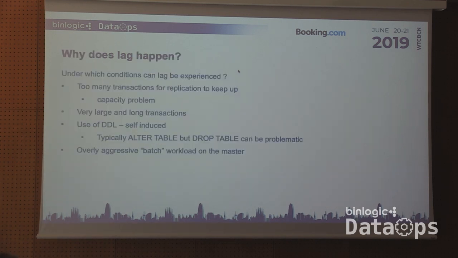And then we come to, okay, we've got replication delay, but why? Basically usually it's that the transactions being handled by the master can't be pushed fast enough to the slaves. Replication can be multi-threaded.